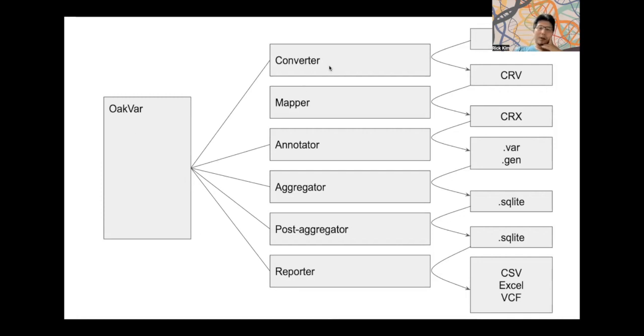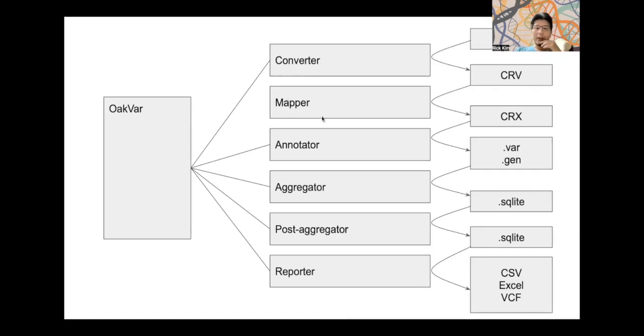So in the order of execution, the first one is a converter. Let's say our input file is a VCF file, then the converter will convert the VCF to OakVar's internal data format, CRV. And CRV has a chromosome position, reference allele, alternate allele, and sample ID and tag. And the CRV is fed to a mapper module.